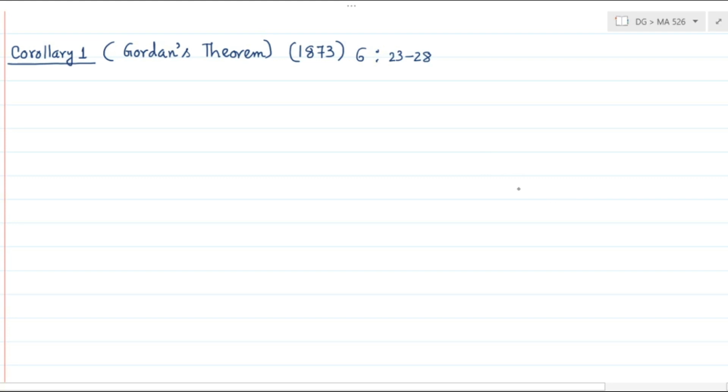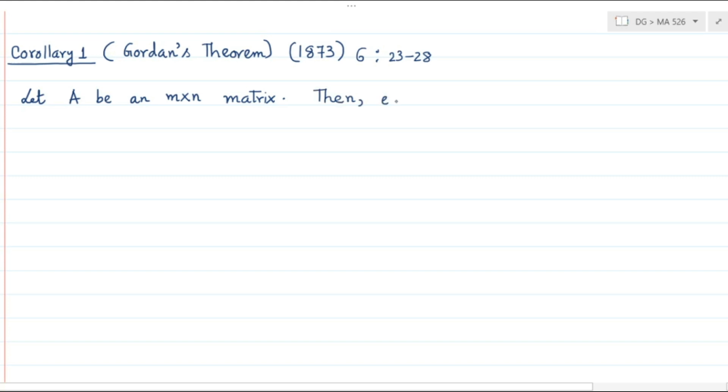The statement of Gordon's theorem is the following. Let A be an m by n matrix, a real matrix; the entries of A are real.